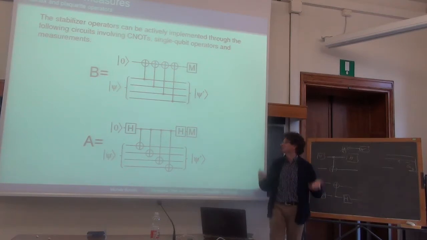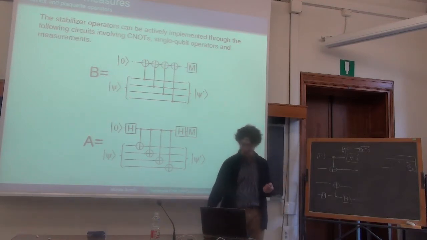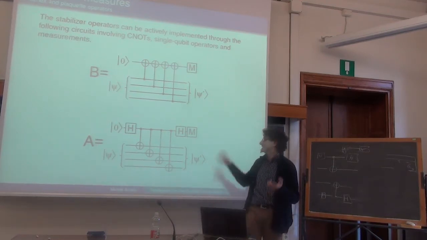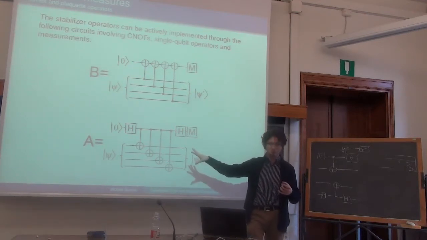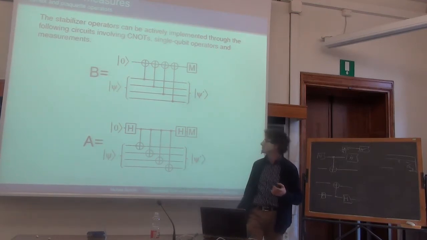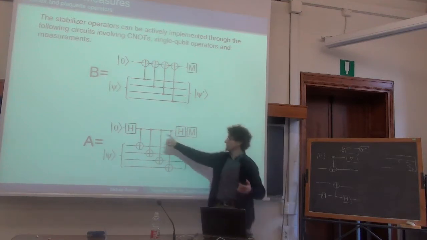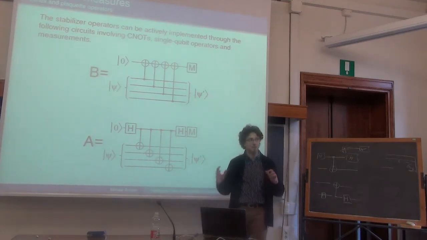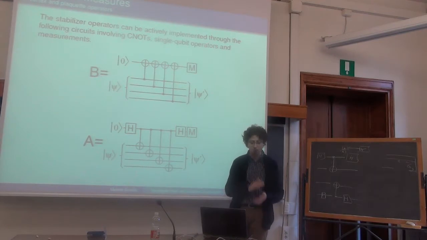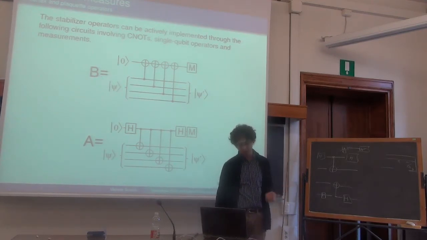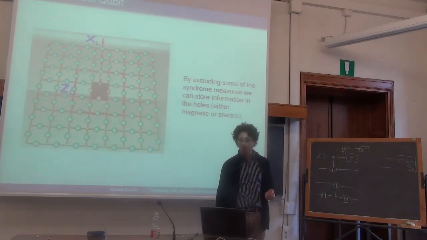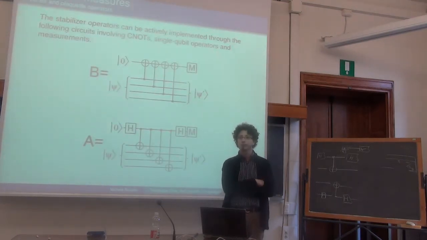I don't really want to invest a lot of time on this, but it's just to give you an idea that the 4 qubit measurement that I wanted to do may be decomposed in this way using single qubit and 2 qubit operators. That is something that in a lab can be achieved with accuracies that are high enough. So you say it can be achieved in the lab, but you have to introduce this extensive number of ancillary qubits to do so.